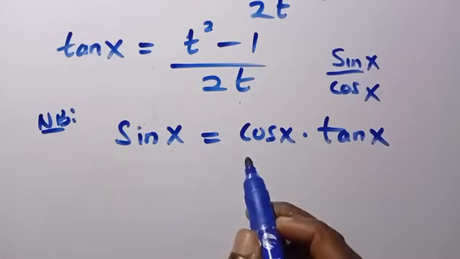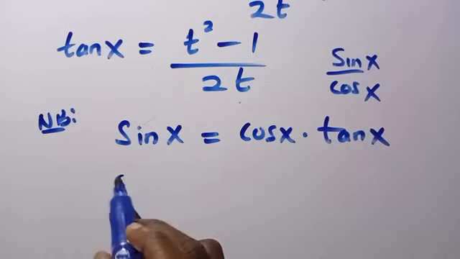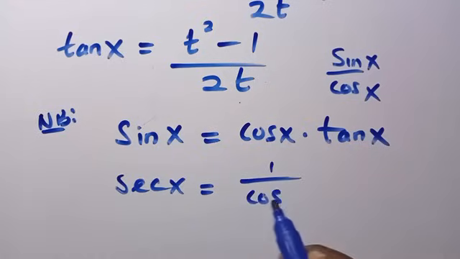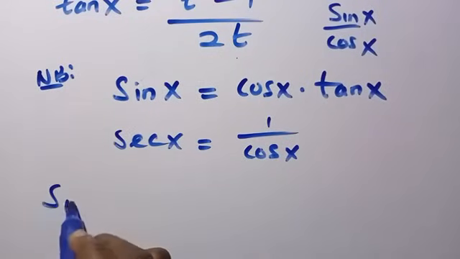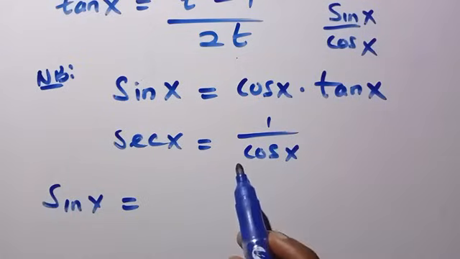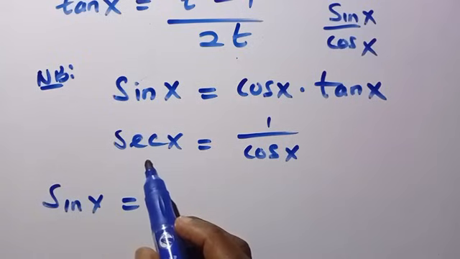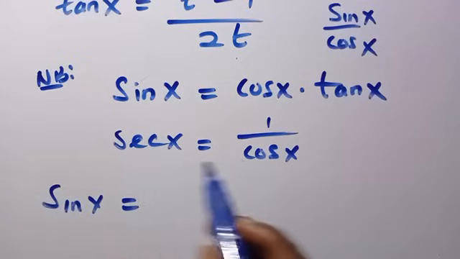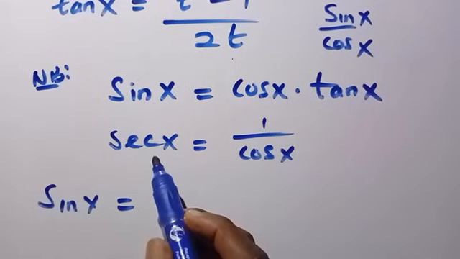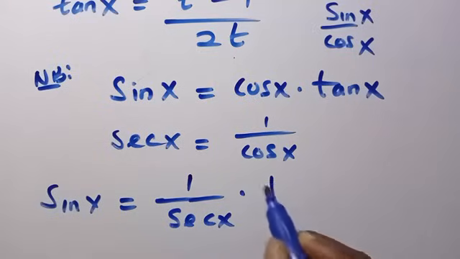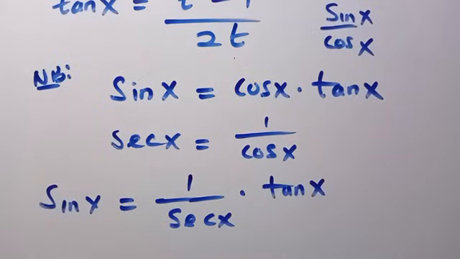So to get cos x, we recall that sec x equals 1 over cos x. So by replacing it, cos x is the subject of the formula, and we are going to have 1 over sec x. So sine x equals 1 divided by sec x multiplied by tan x.